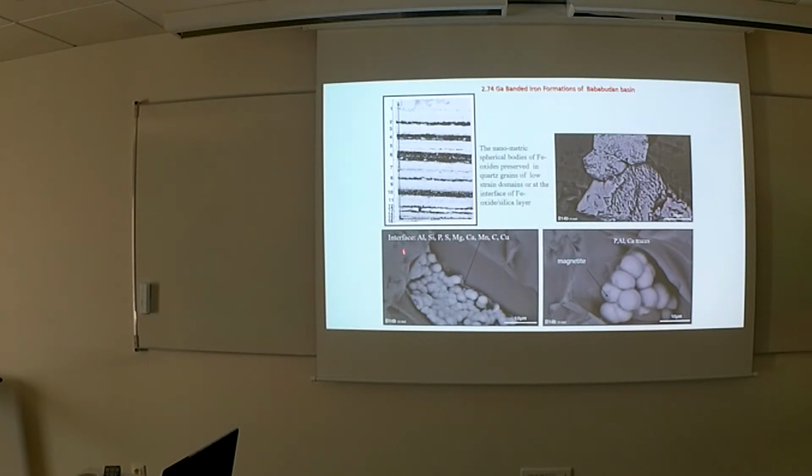So within the chert, where there is no recrystallization, we can see the nanometric particles. These are the iron oxides. Where we analyzed, we find alumina, silica, phosphorus, sulfur, magnesium, calcium, manganese, carbon, and copper.